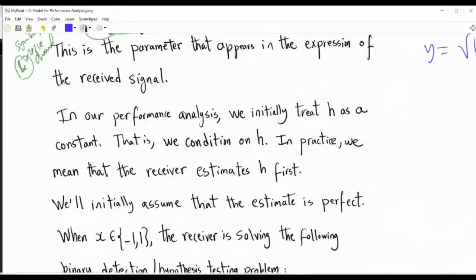In a previous course, you learned how to compute the probability of error. How can we do this now with this H? Here is the procedure. We condition on H. We first treat H as if it's non-random, as if it's deterministic, a constant.